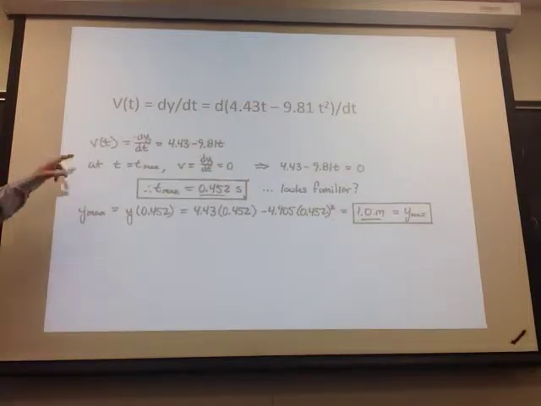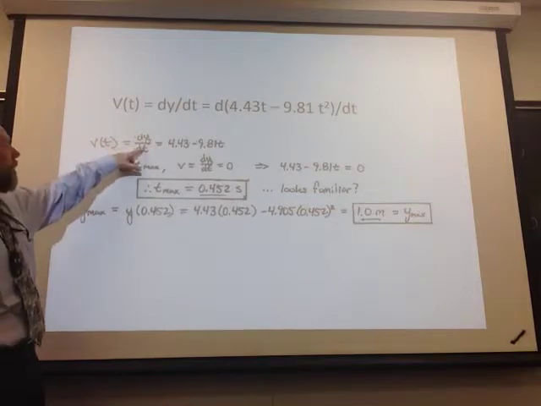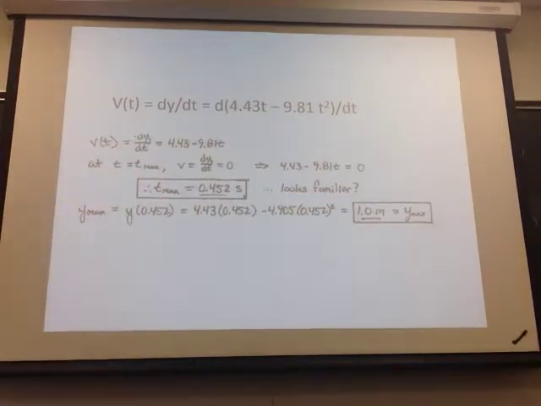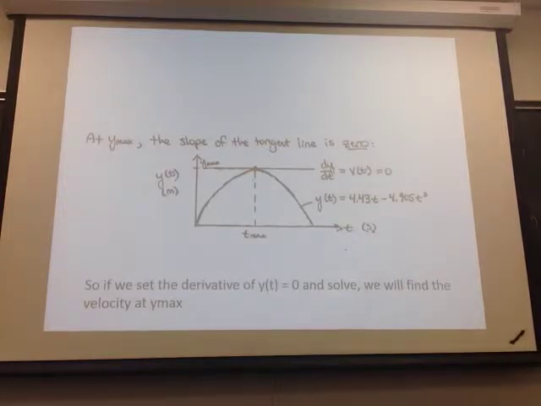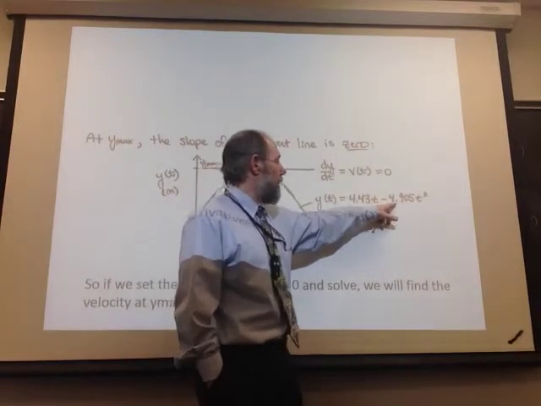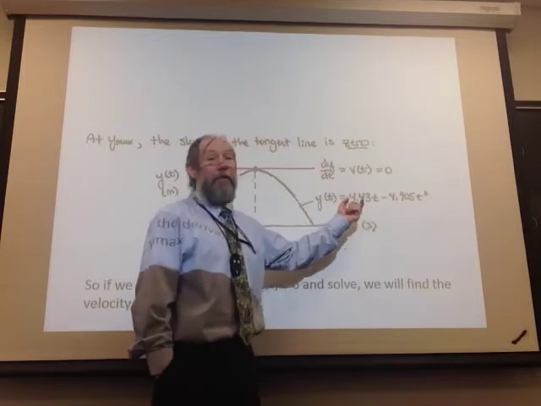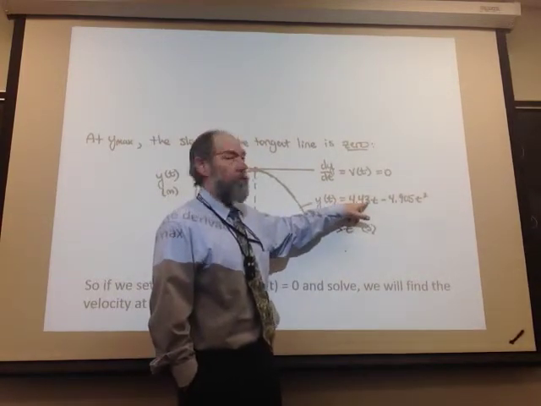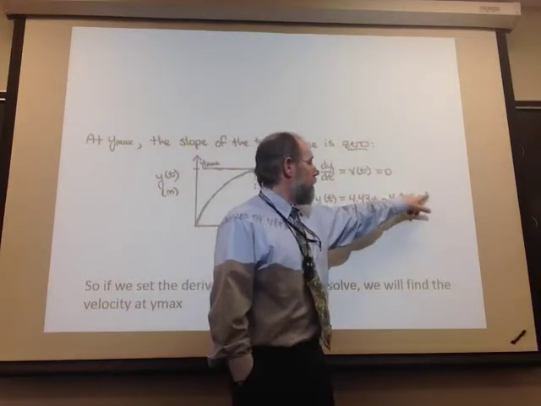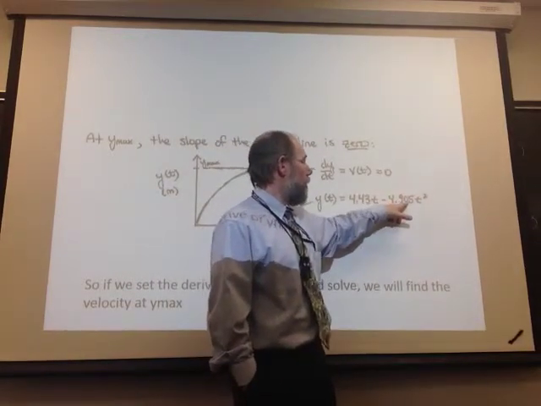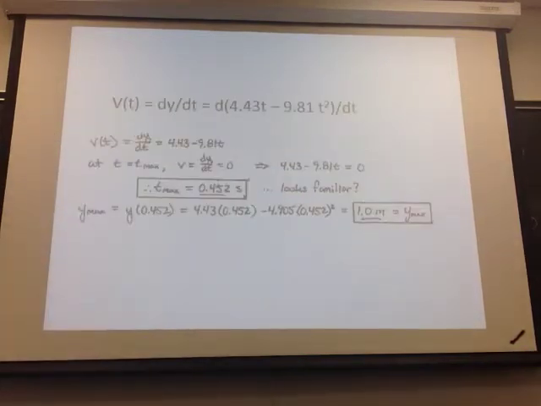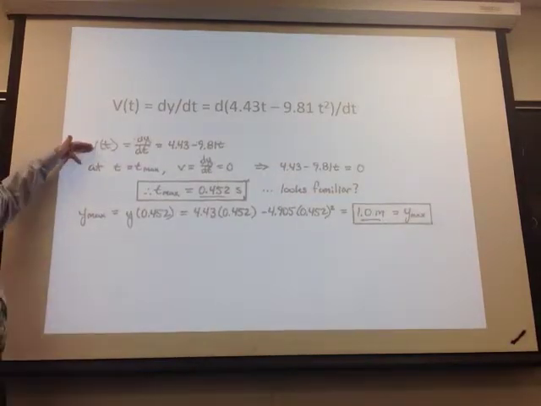So the velocity is equal to the derivative of y with respect to t, and in this case, y was given as 4.43t minus 4.905t squared. The derivative of that is 1 times 4.43 minus 2 times 4.905 times t. So there's our derivative.